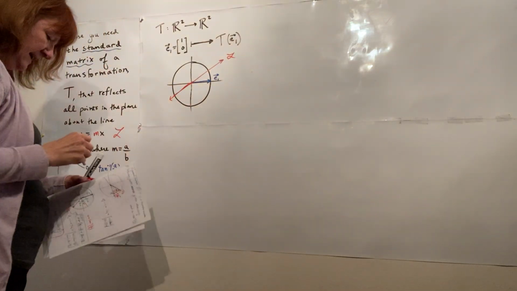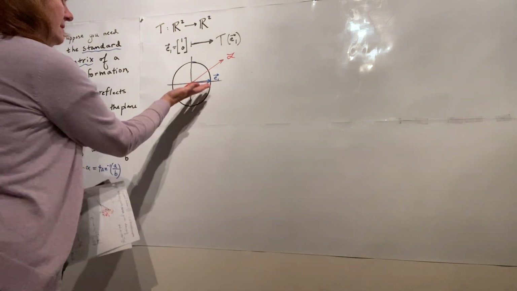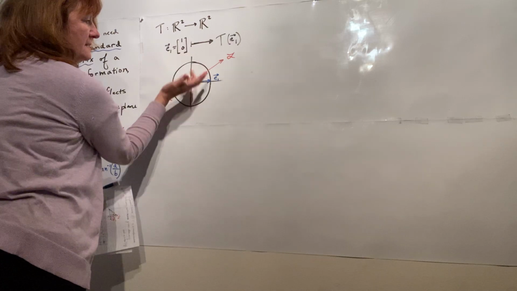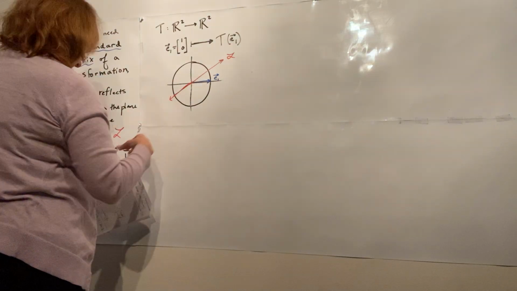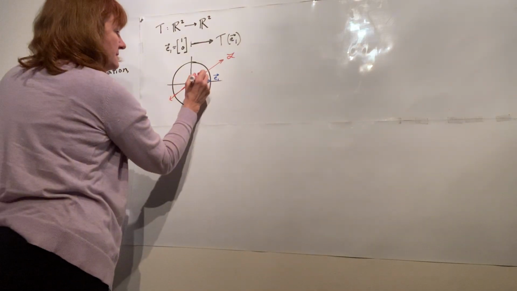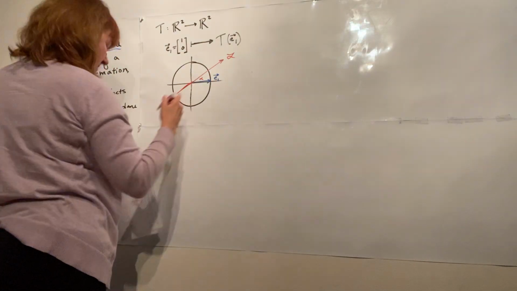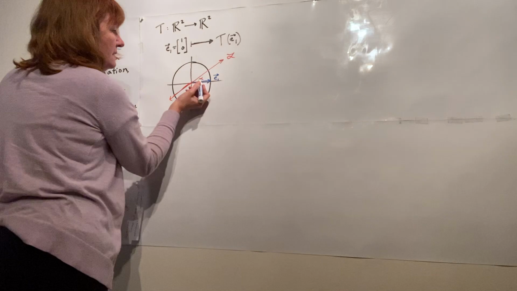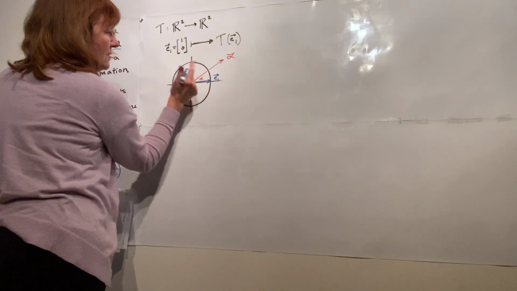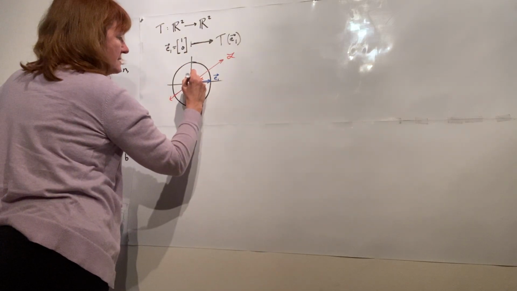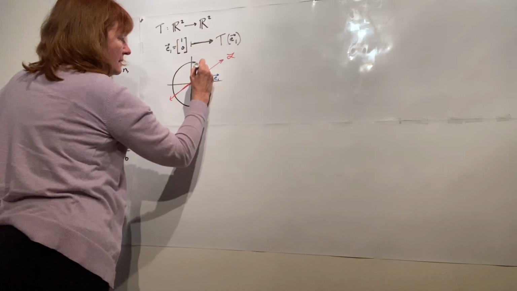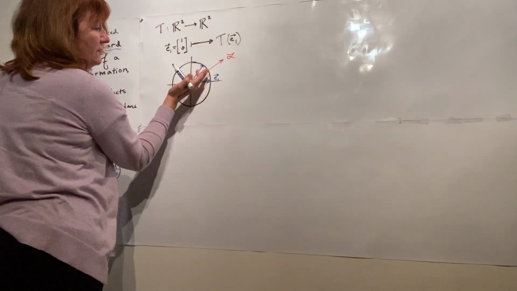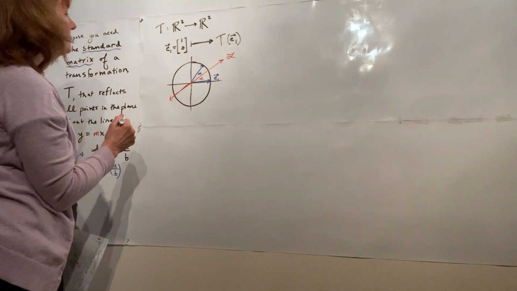So if we reflect E1 across that line, you'll notice it has to go through that angle alpha. There's that angle alpha, and its image is going to be exactly alpha away from that line L.